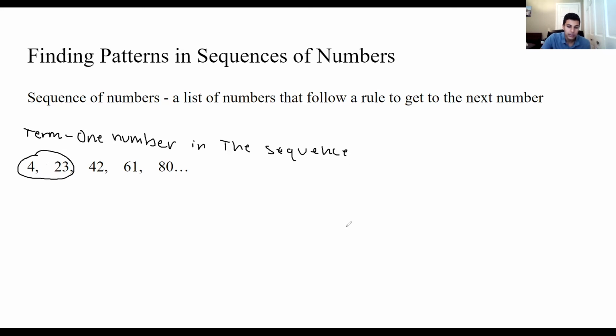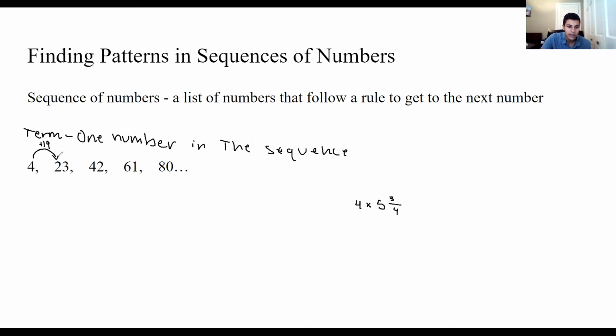I mean, I could do 4 times 5 3/4, but that's a really ugly number. So I'm guessing that's probably not the pattern to get from one term to the next term. Another thing that I could do is 4 plus 19 to get to 23. 4 plus 19 is 23.